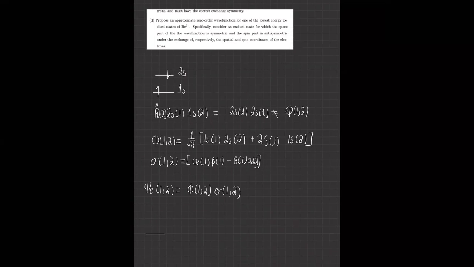So let's say that we have two electrons in the same orbital, you can write the wave function as a multiplication of these, like 1s.